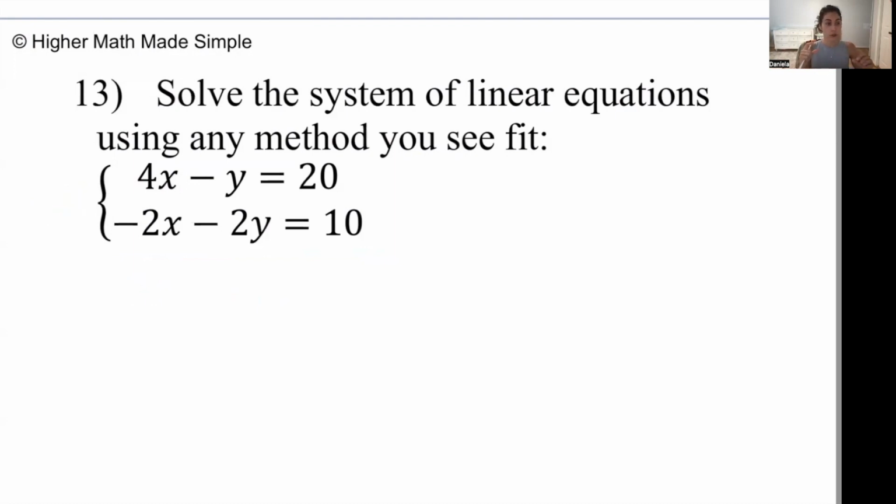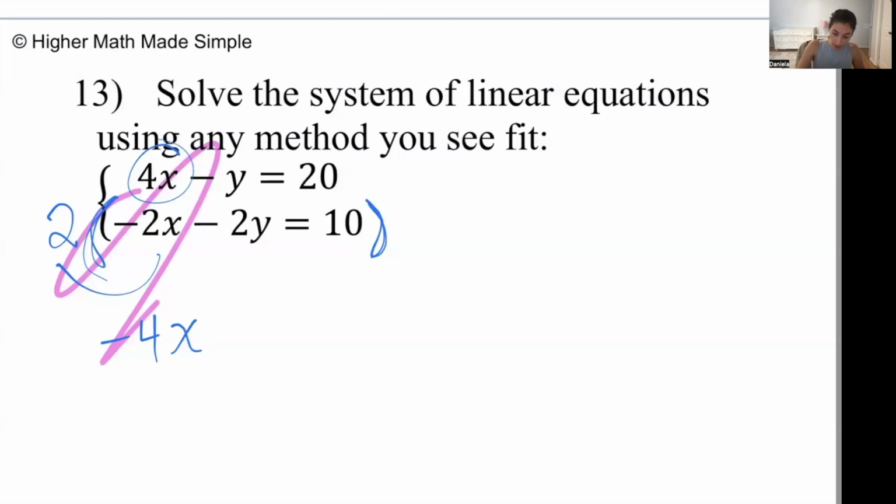So what we're looking to do is match the coefficients, and they have to be opposite signs. Two ways that you can accomplish this: if you were to multiply the bottom equation by 2, 2 times negative 2 is negative 4x. That's the opposite of positive 4x. Those would cancel.